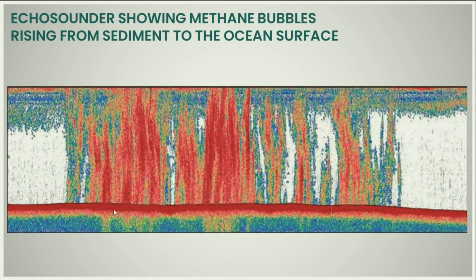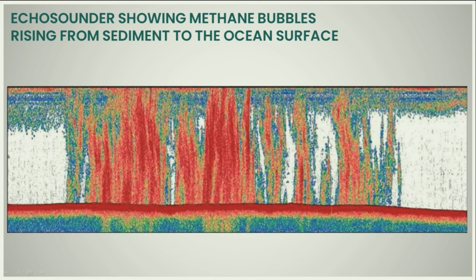And here are some sonar measurements, very impressive, of methane plumes. This is the seabed, about 50 or 60 meters down. This is the sea surface, and these are plumes of methane coming out of the seabed, rising to the surface, coming out into the atmosphere. And these plumes reflect sound waves.